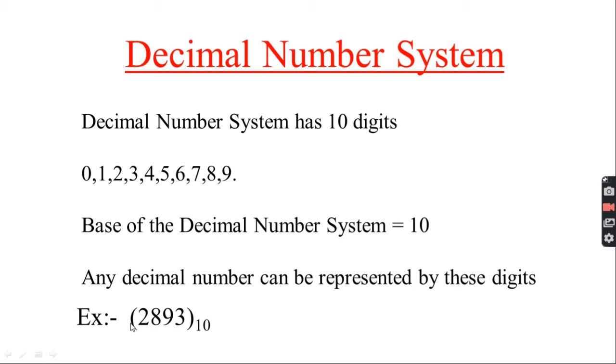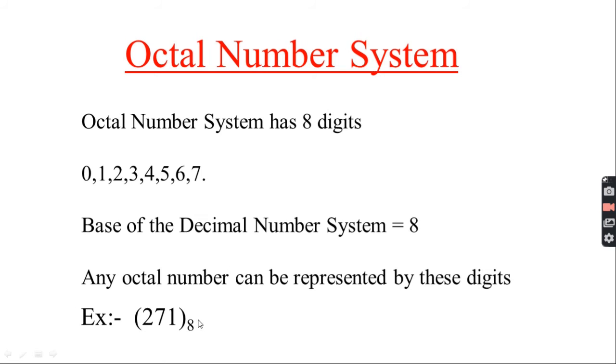Okay, so coming to the example, here in this example we have 2893 and the digits do not exceed 9. Here this 10 represents the radix or base of this number system.